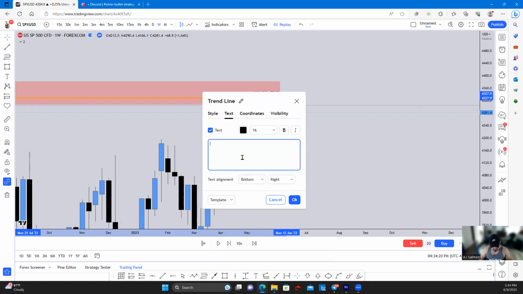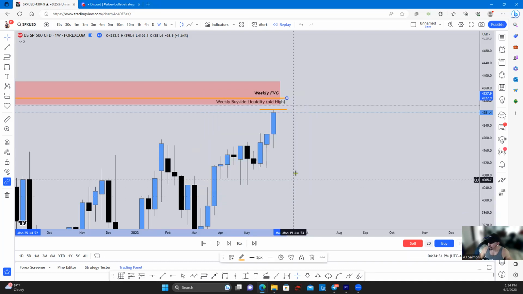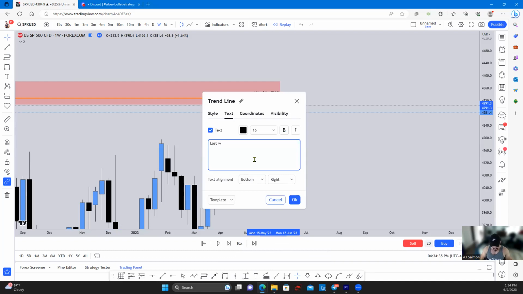This is your weekly buy side liquidity in the form of an old high. This is also last week's high. This is buy side liquidity as well.